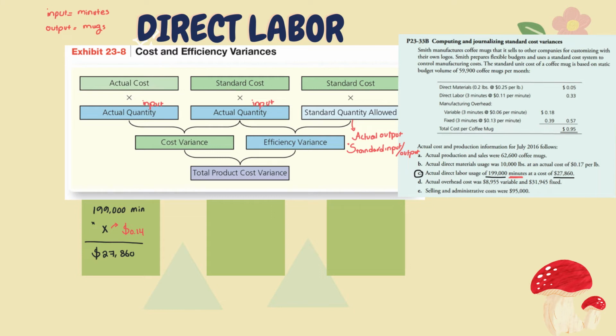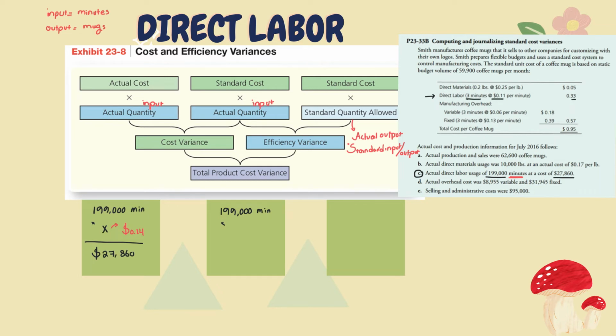Okay, now the second one, standard cost by actual input. Again, actual input for the direct labor is gonna be 199,000 minutes multiplied by the standard cost per minute. Let's look at the standard here for the direct labor. I need 3 minutes and each minute will cost me 11 cents.